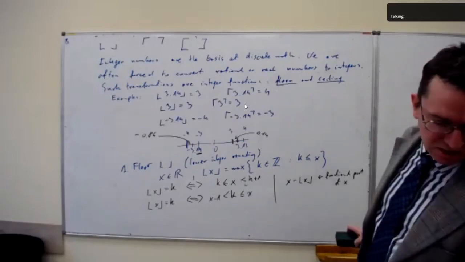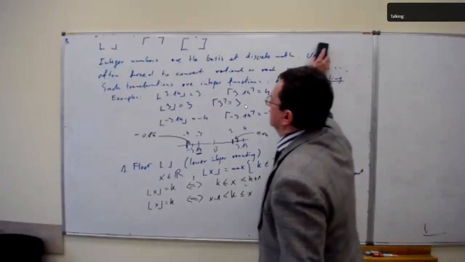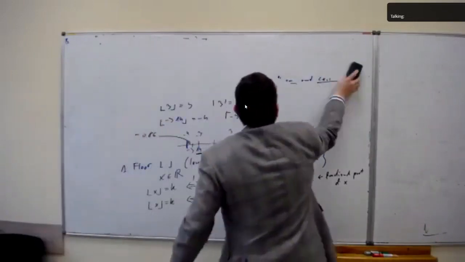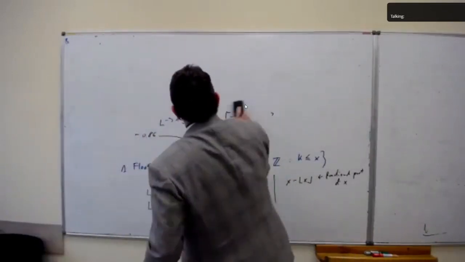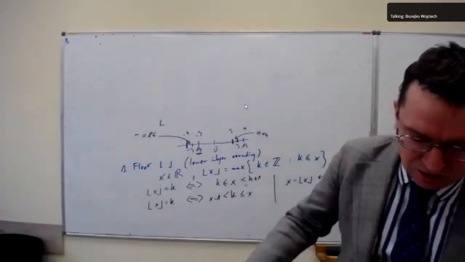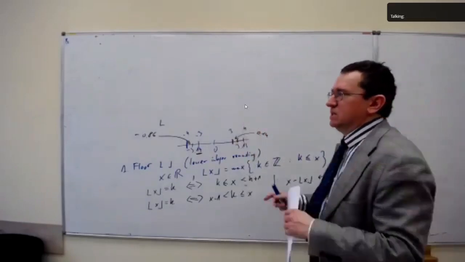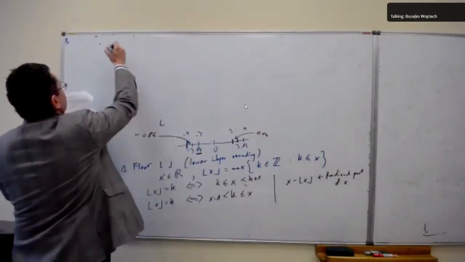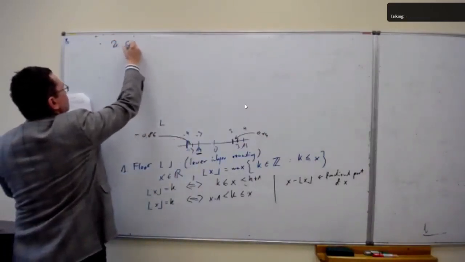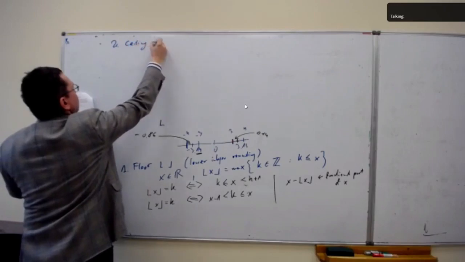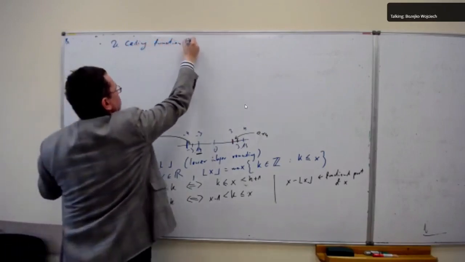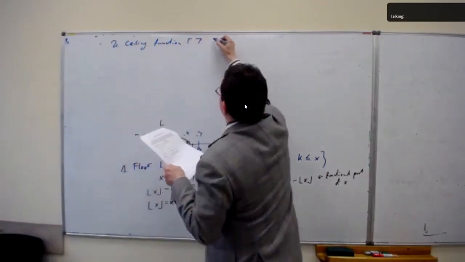So the ceiling definition. The ceiling is symmetrical: the nearest integer which is greater or equal to the number. Ceiling function. So this is upper integer rounding.